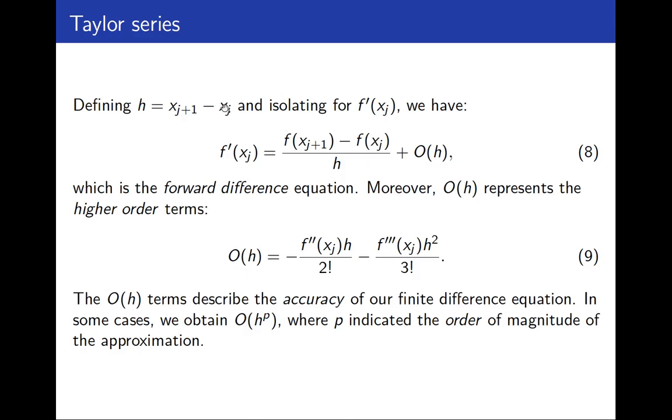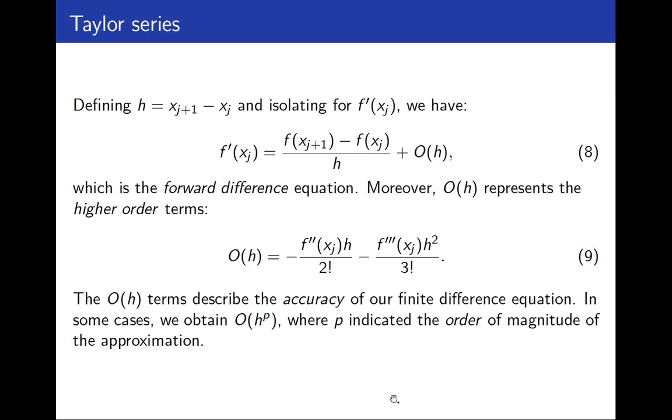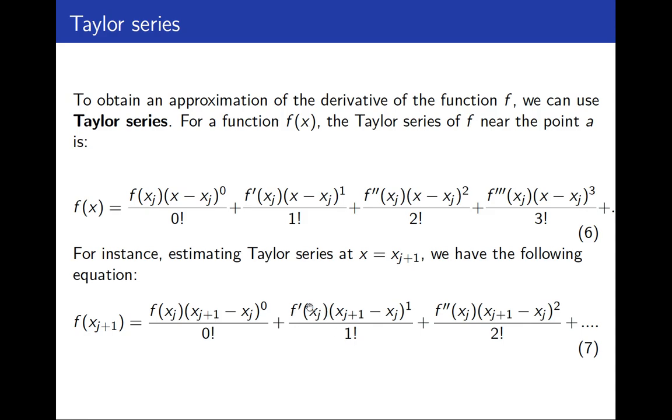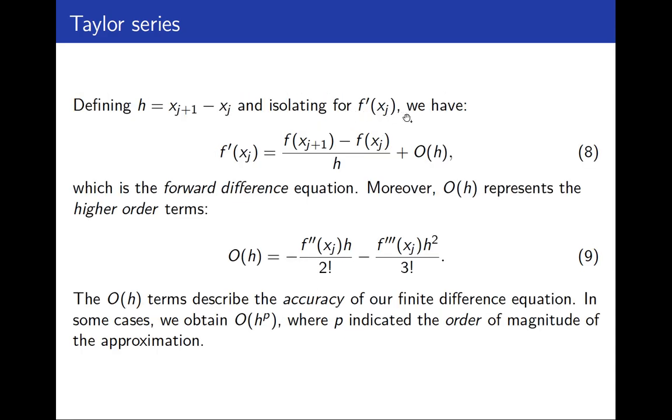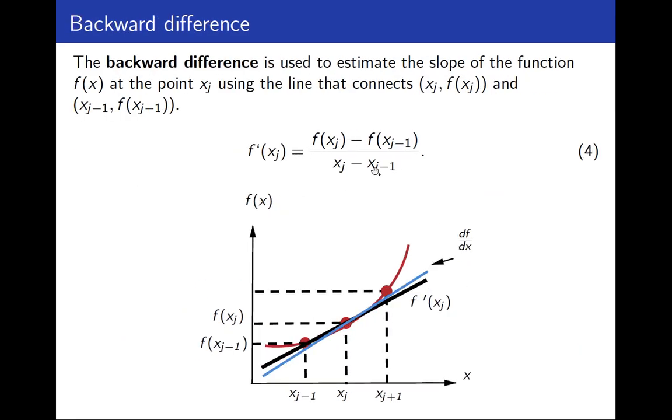Now let me define h, which is simply this difference that can be seen here. And then from this equation, I want to isolate this first derivative that is here. You do the algebra, and you end up with this equation. You probably recognize this as the forward difference equation.